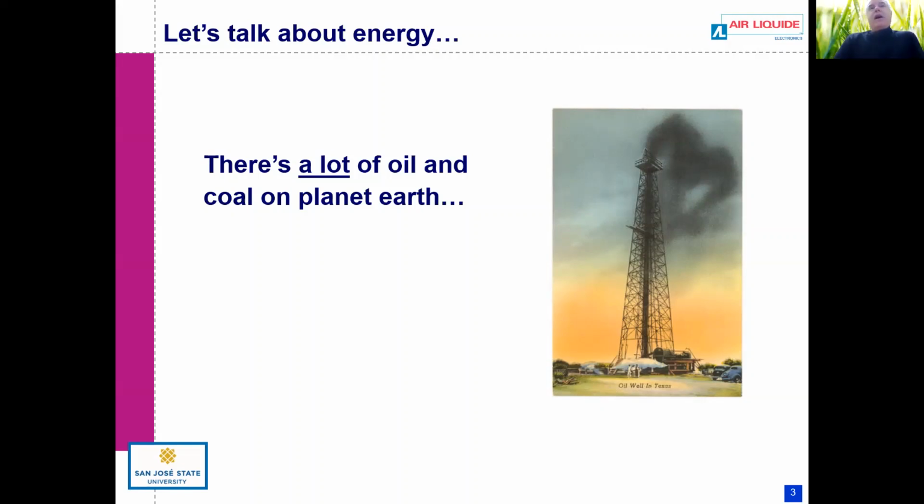And if it does run out, the shock to the world system could be really, really severe. Can you imagine no electricity, no water, no fuel for transportation, no fuel for agriculture? It could be a major shock if it ran out suddenly.